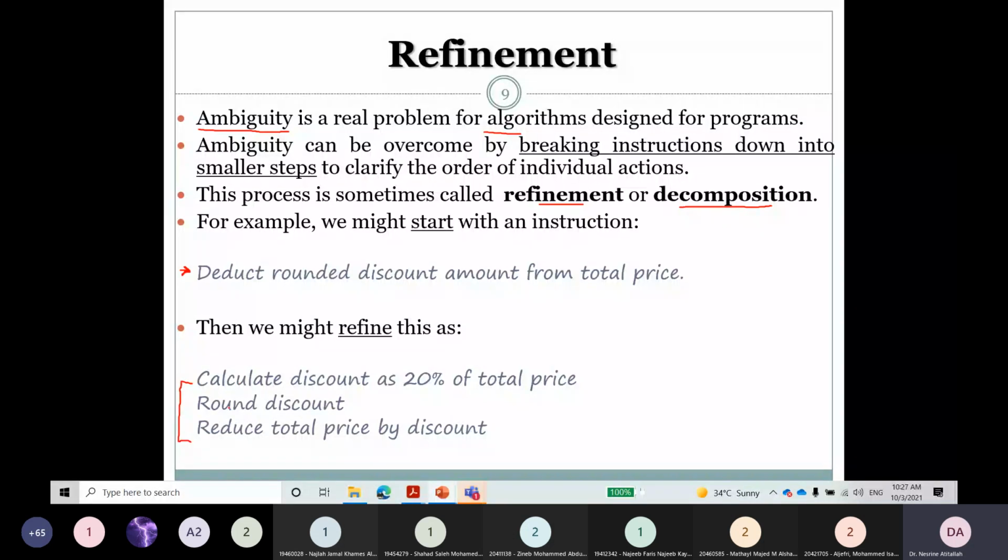By this way this instruction can be broken down, refined, decomposed.